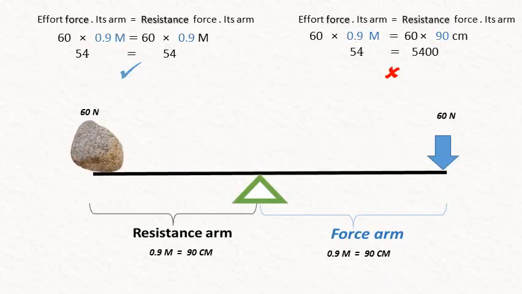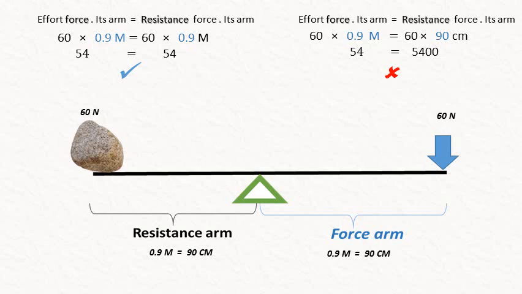Now in this slide we will answer the same question in a different way: the first one is a wrong way and the other is the right way. Keep attention. First, effort force times its arm. Effort force equals 60 times its arm, 0.9 meter, equals 54.